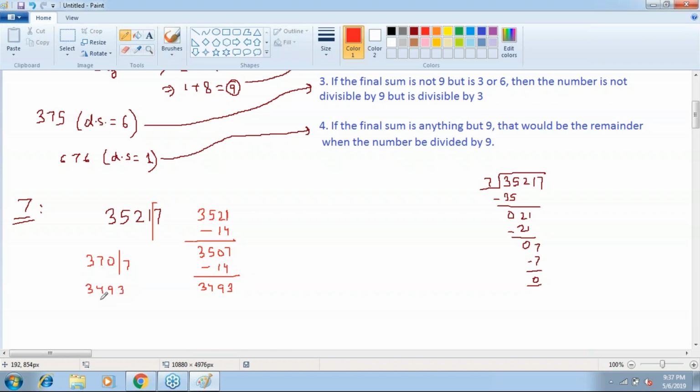Oh, sorry. Big mistake. When I detach 7, I had to subtract it from 350. So subtract the double of 7 from 350. So I get 336, then detach 6 and subtract the double of 6 from the remaining number. What do I get? 21.